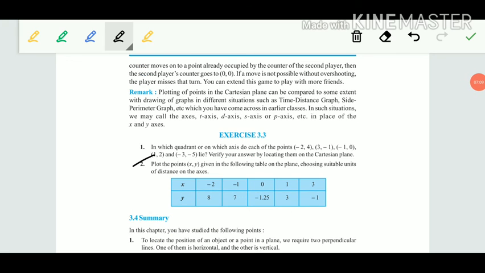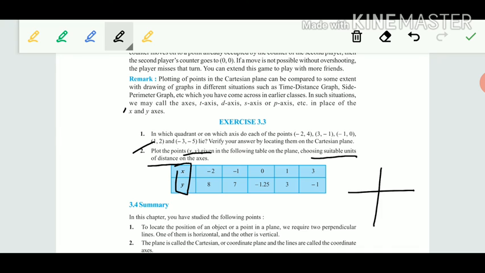Question number 2. Plot the points (x, y) given in the following table on the Cartesian plane, choosing suitable units of distance on the axes. Now you can take any scale.